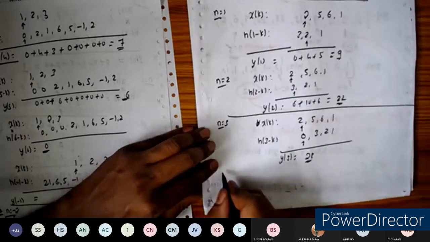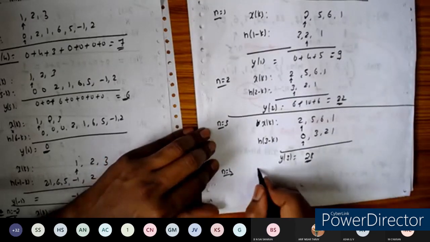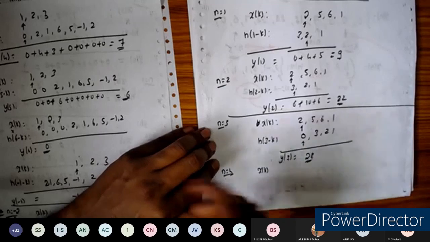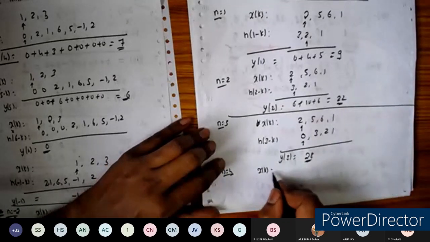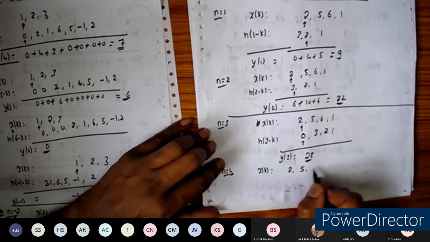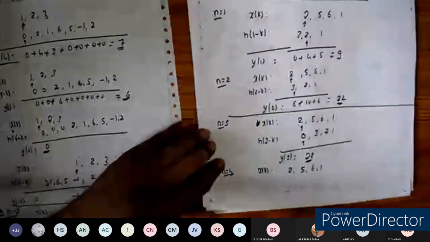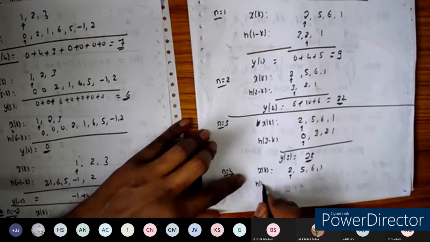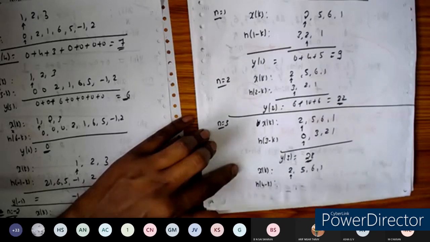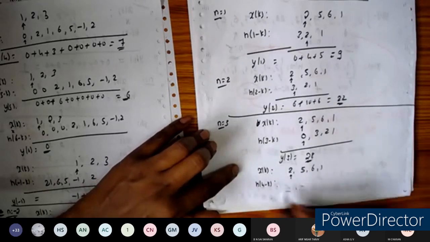So similarly for n is equal to 4. Shift the sequence here, x of k will remain the same. H of 4 minus k we will get here. 20, sir.